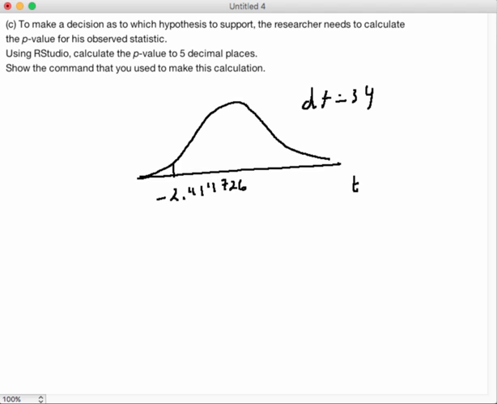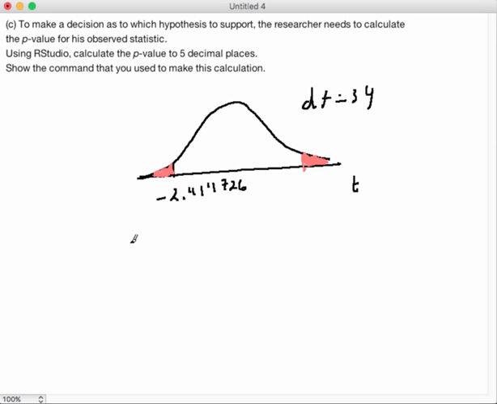So this shaded region down here corresponds to half of our p-value. So if we find that value right there and double it, that'll give us the entire p-value, because as it turns out, since we're centered about 0 and we're symmetric, these two tails combined are going to give that to us. So how do I go about doing that?